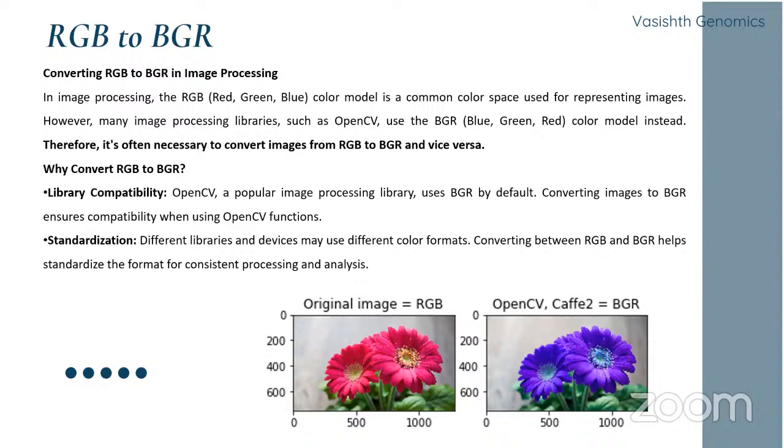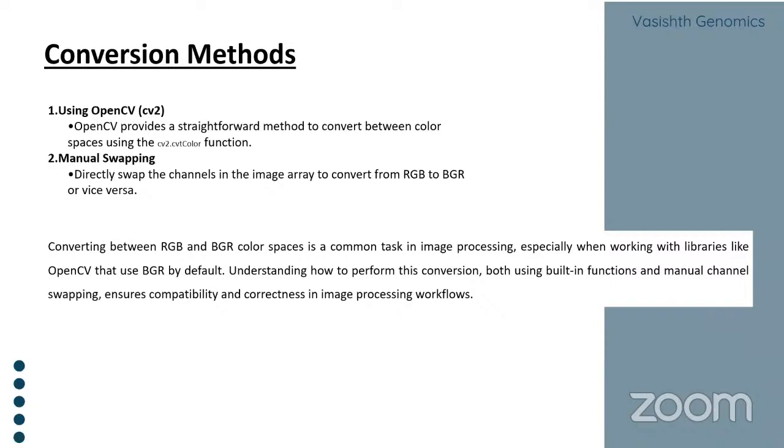If you want RGB color only, and the image you are getting is of a different color, then based on what color you need for your output, you can convert. So converting between RGB and BGR helps standardize the format for consistent processing and analysis. Okay, so don't think that we are just changing the color for our own vision. It depends on what exactly we need or are looking for.